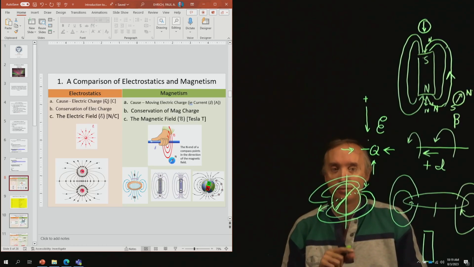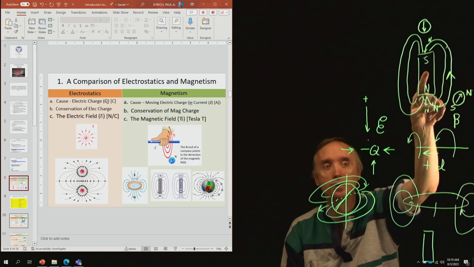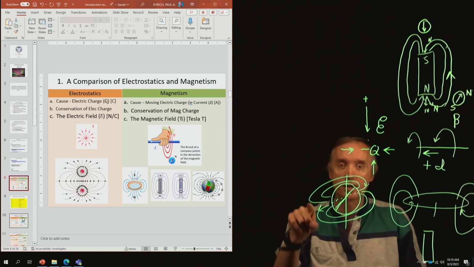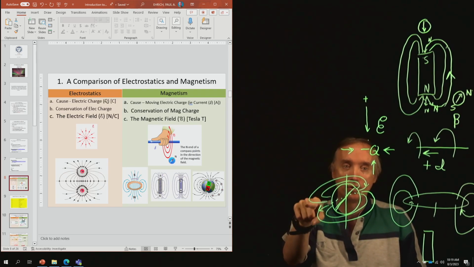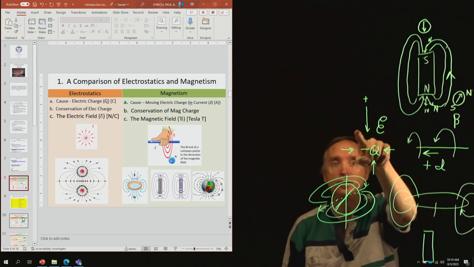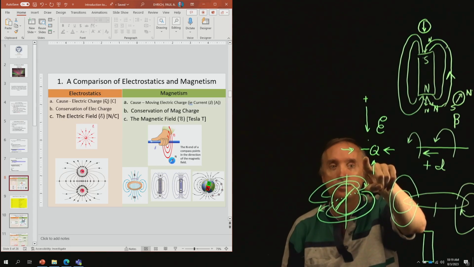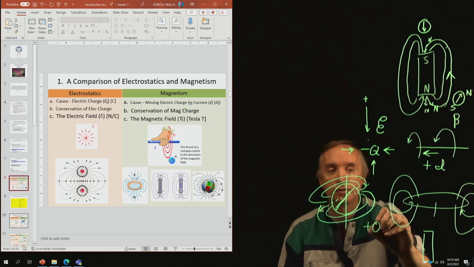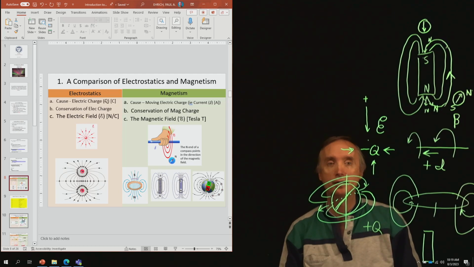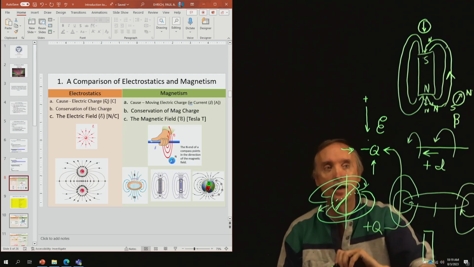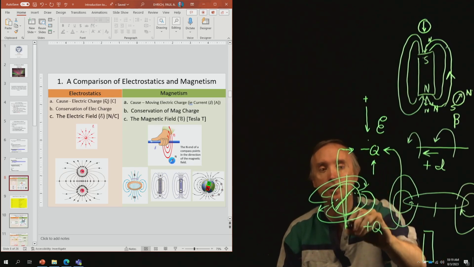Okay, another thing I wanted to show you before we go on is look at this picture here and compare that to the electric dipole. The electric dipole is the one on the bottom, over there to the left. This was the electric field of a single charge, but if you were to put underneath it a positive charge and then draw the electric field for it, you notice that this line here would connect to that line, and this line over here would connect to this line.